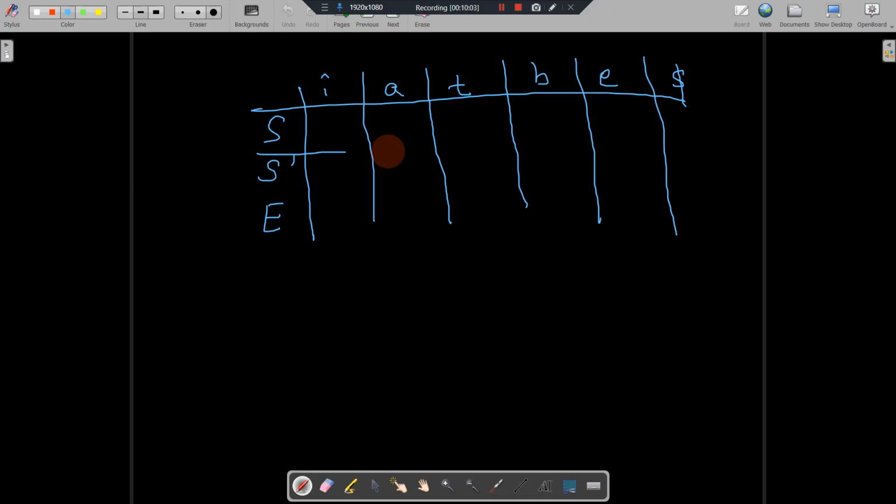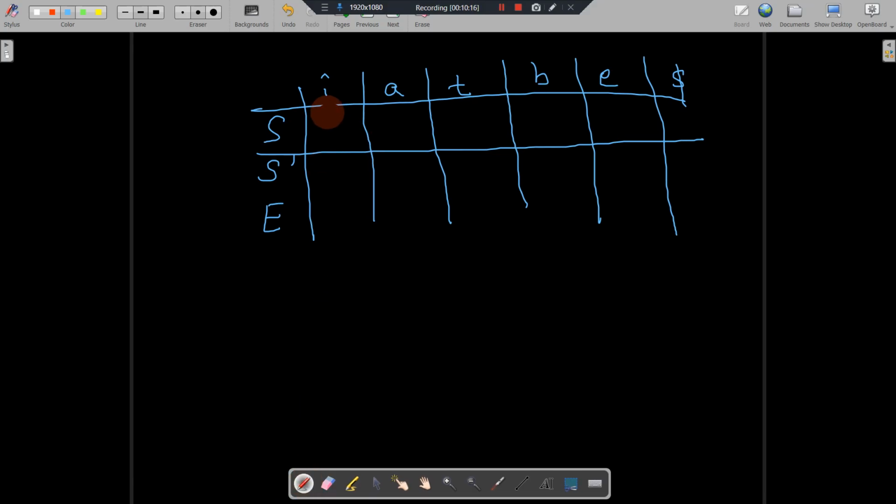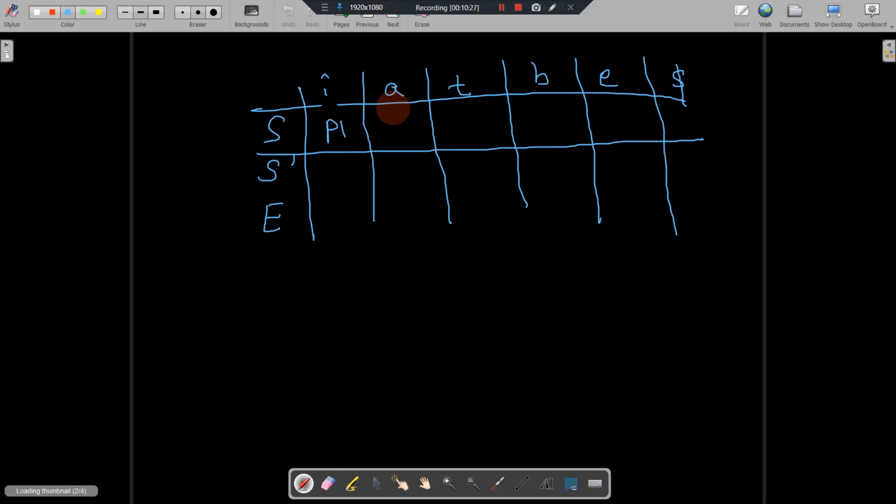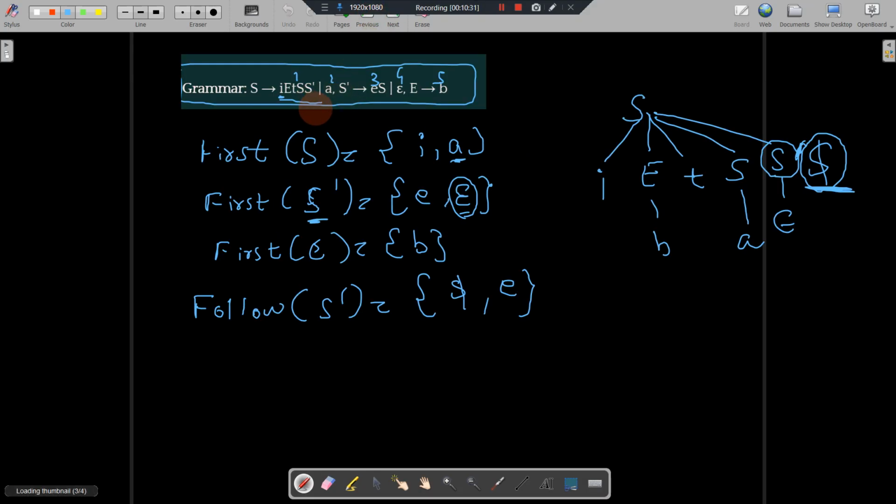Okay, so I'm writing these as production P1, using production 1. Now, A is produced using production number 2, S derives A. Can we get T from S? No, it is not in the first set.